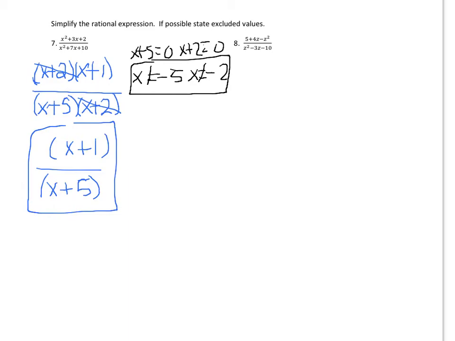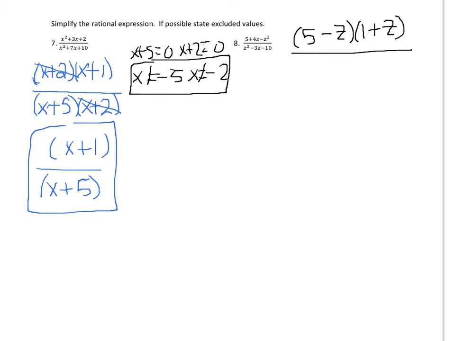So now this is maybe a little tricky, but you go, what multiplies to negative 5 and adds to 4? Positive 5 and negative 1.